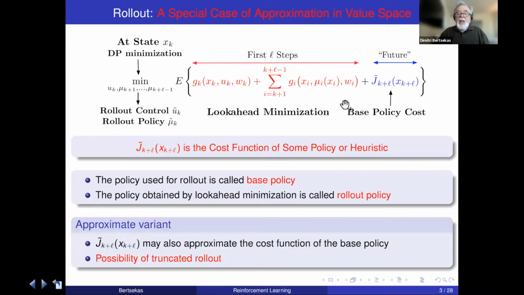But an important approximation variant is truncated rollout, where this J tilde is approximated by truncation: simulation over a number of steps, and then taking a cost function approximation. So with all these approximation variants, starting from this base case, we cover a lot of ground, a very large part of approximation in value space.